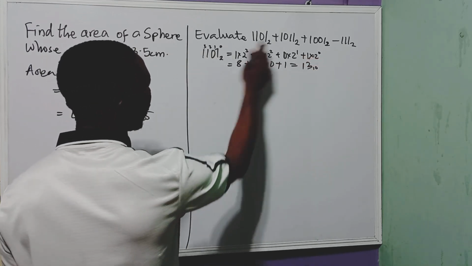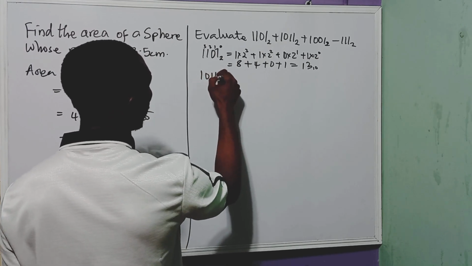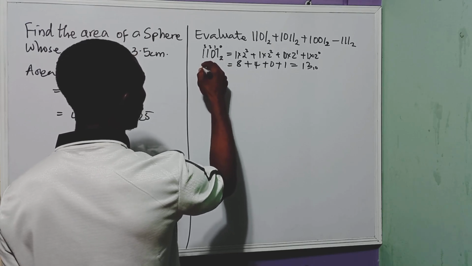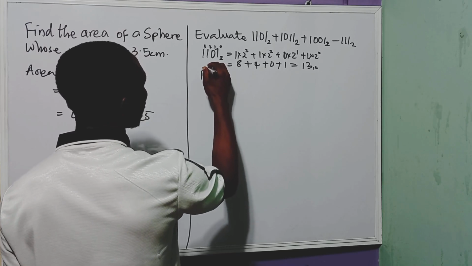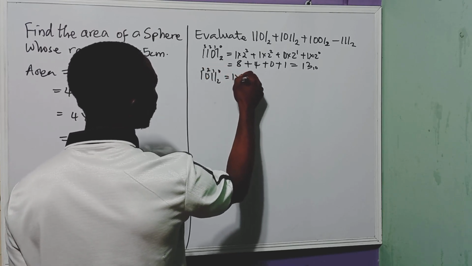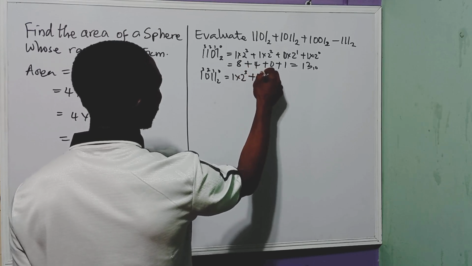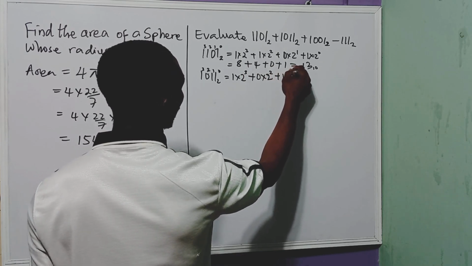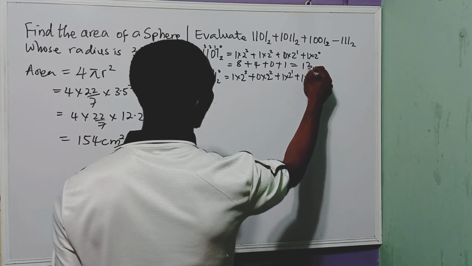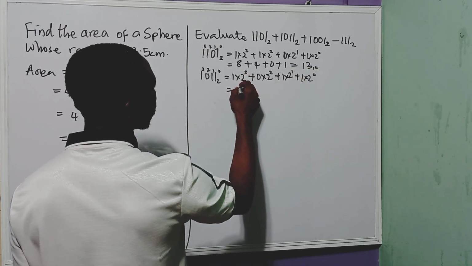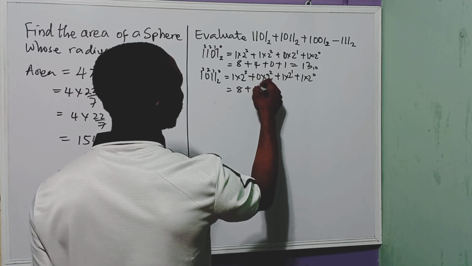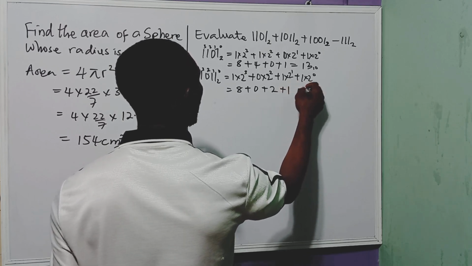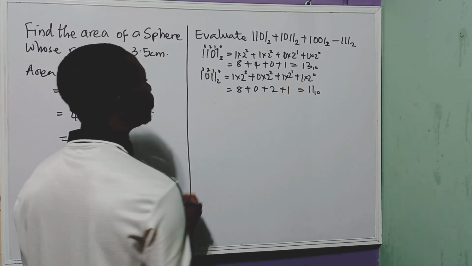Our next one is 1011 base 2. This gives us 1 times 2 raised to power 3 plus 0 times 2 raised to power 2 plus 1 times 2 raised to power 1 plus 1 times 2 raised to power 0. This gives us 8 plus 0 plus 2 plus 1, which is 11 base 10.